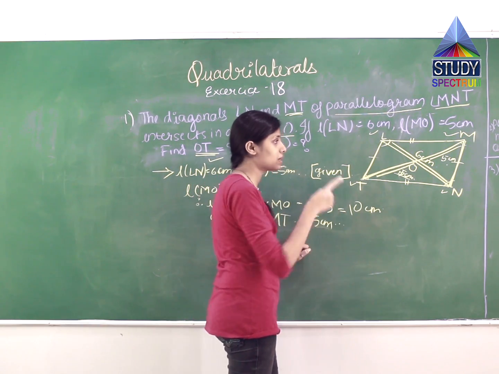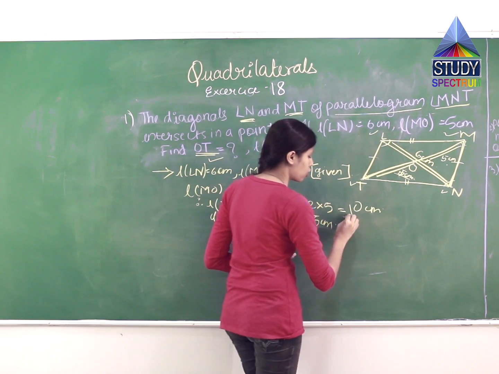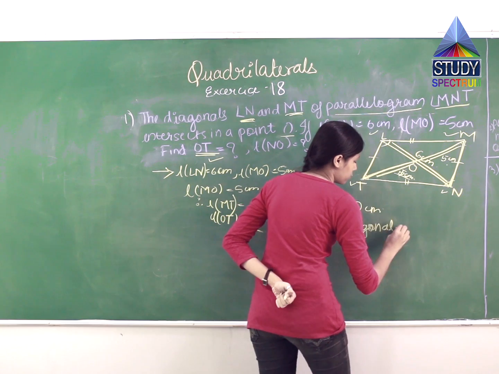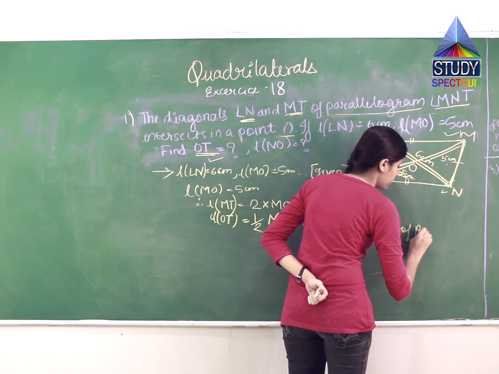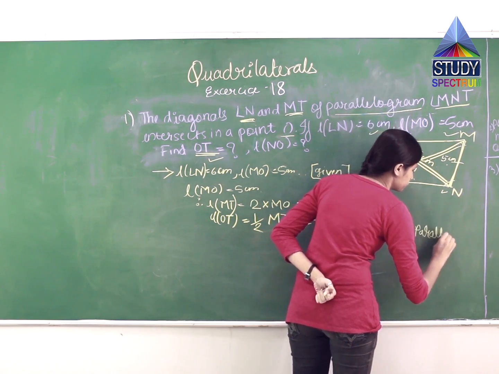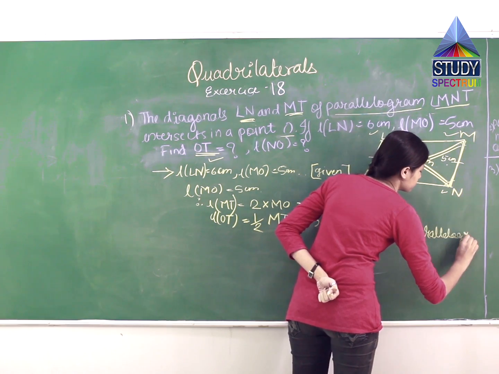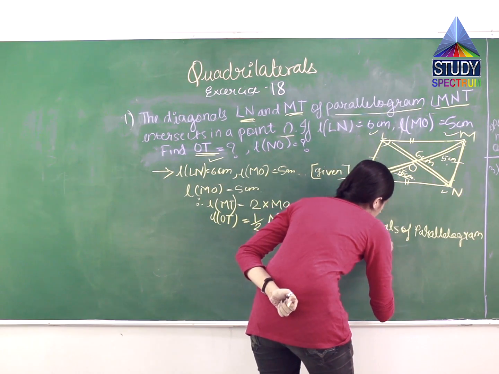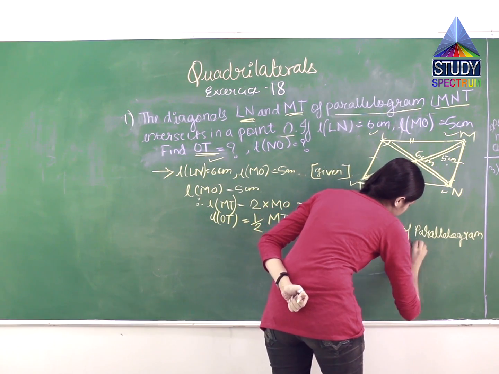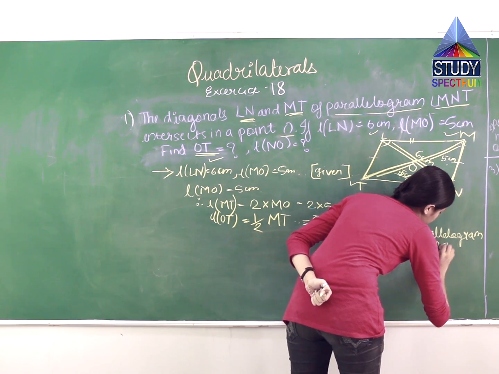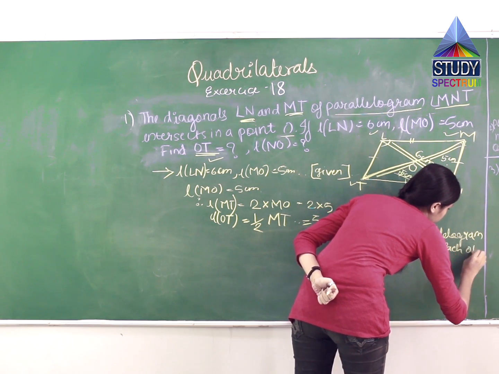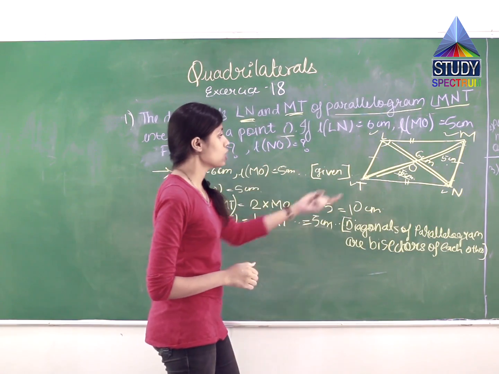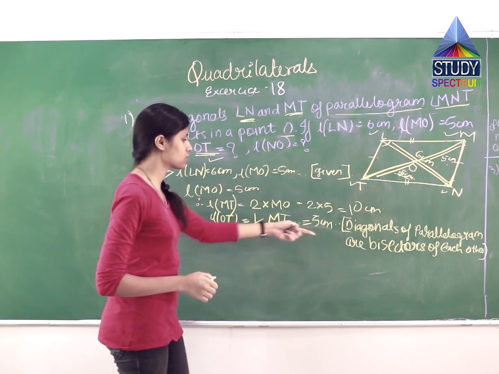Reason being, diagonals of parallelogram are the bisectors of each other. So they are bisecting each other. That's why it is 5 centimeter.